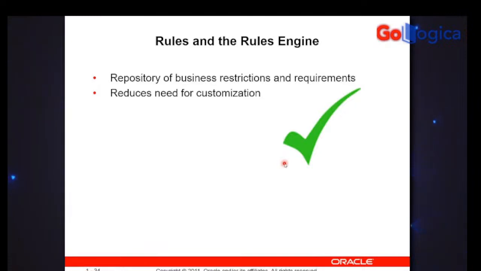Why is this needed? Because this will reduce the need for customization, because if rules are not there, then we will have to go through the customization route. But in rules, we can write our own SQL query to have our restrictions, and that will help mostly for our put away tasks and picking allocations.